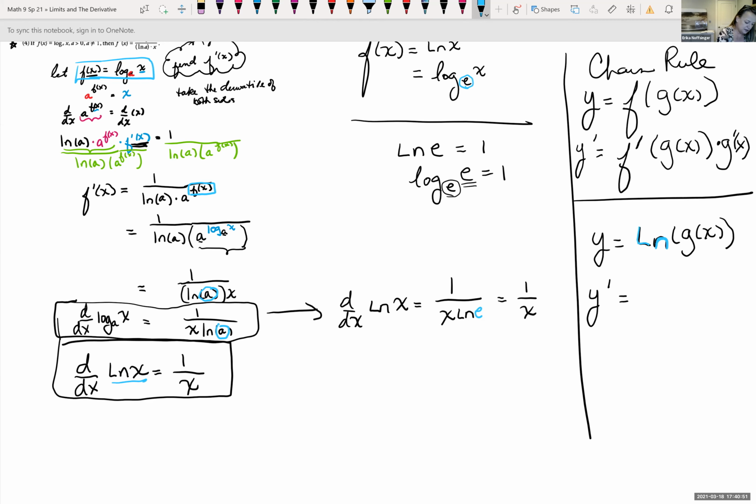Natural log of x, we put 1 over x. So we're going to put 1 over the inner function, but our inner function in here is g of x. Times, though, the derivative of the inner, and the derivative of the inner would be g prime of x.